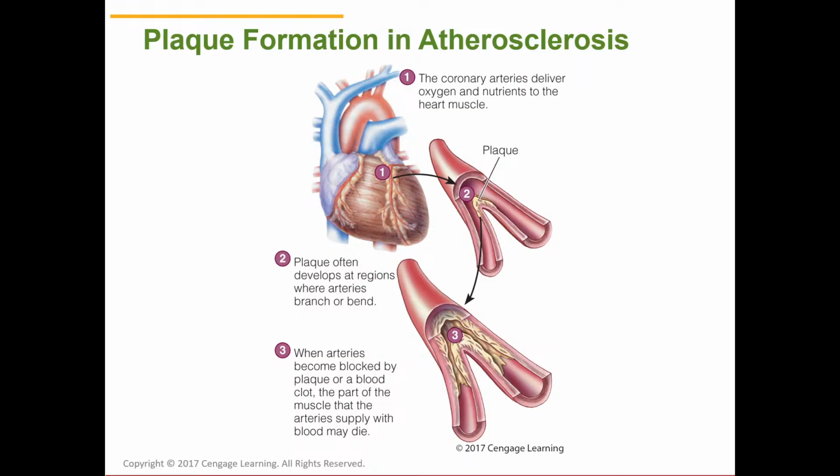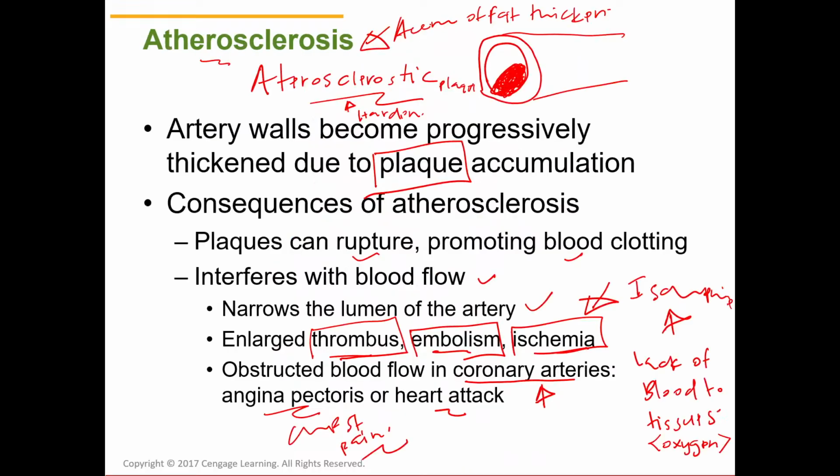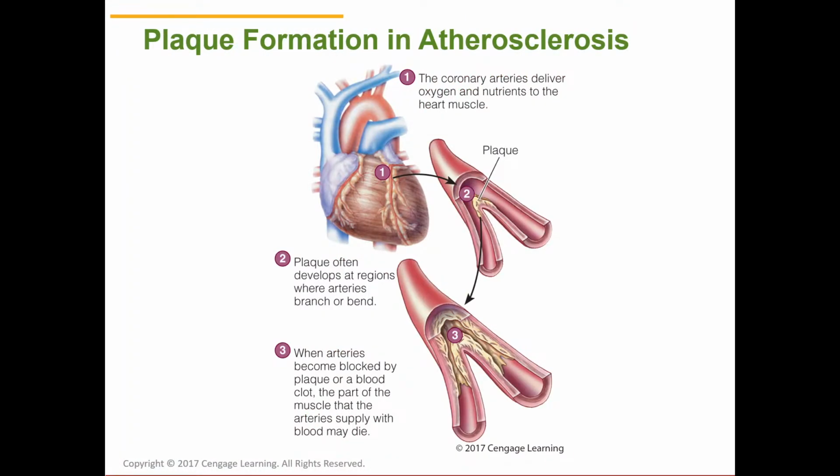Plaque often develops at regions where arteries branch or bend. Very essential, where they branch or bend. Thirdly, when arteries become blocked by plaque or a blood clot, the part of the muscle that the arteries supply with blood may die. And when it dies, it might cause problems like chest pain or heart attack at times.